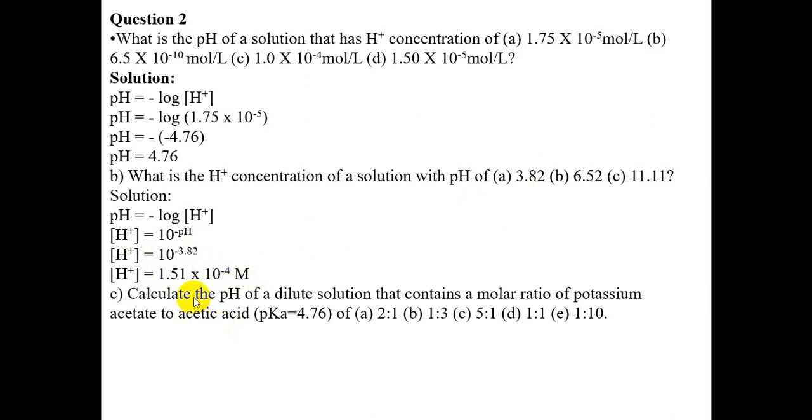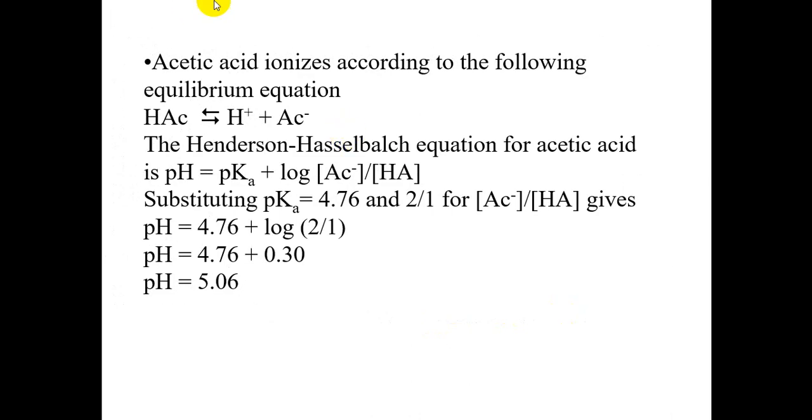Another preamble: calculate the pH of a dilute solution that contains a molar ratio of potassium acetate to acetic acid, given that the pKa is equal to 4.76. I'm going to solve for A, you pause the video and solve the rest. Acetic acid ionizes according to the following equilibrium equation. This is acetic acid.